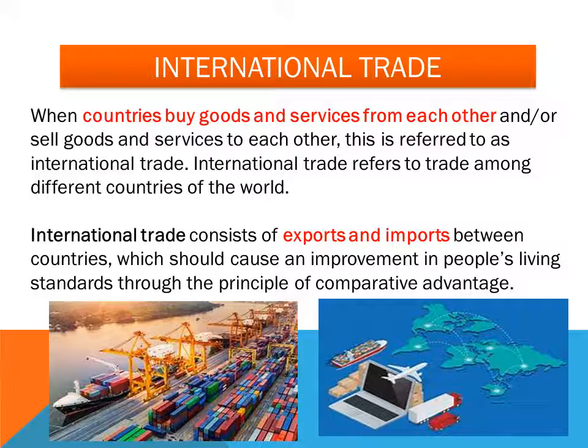And as they import and export, we see that this has led to great improvement in our standard of living because, as I said, we now have goods that we do not have provided here or produced here. For instance, we don't produce apples here, but we have that good available through trading with other countries. So that allows us to have access to more goods and services, which entails improving our standard of living.